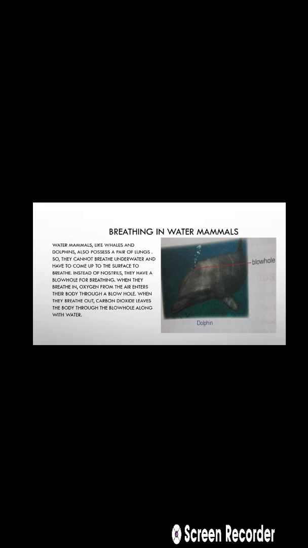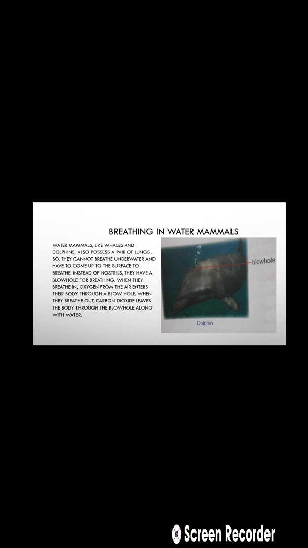also breathe through lungs. Mammals like whales and dolphins live in water and they have a pair of lungs. They cannot breathe underwater and have to come up to the surface to breathe. Instead of nostrils, they have a blowhole for breathing on their head.